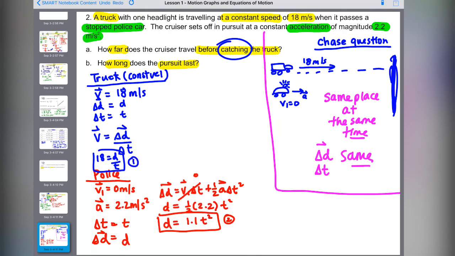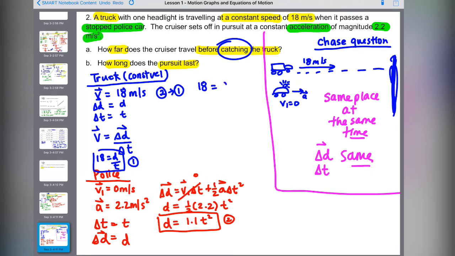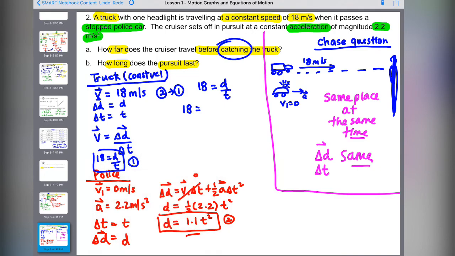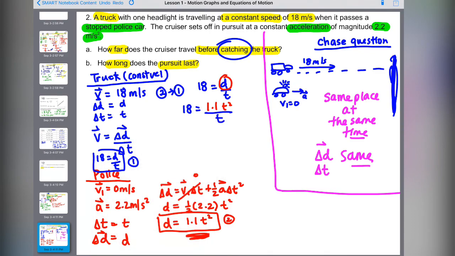And when I have two equations and two unknowns, I can now sub one into another. So I'm going to take equation 2 and sub it into 1 because I already have D on its own for equation 2. I'll just sub it in. Okay, so 18 equals D over T. Instead of writing D, I'm going to take my red equation and put in the 1.1 T squared divided by t.